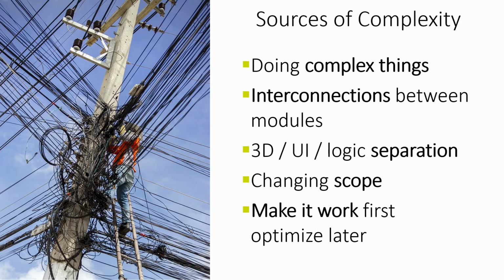Or the separation of 3D UI and logic is hard to achieve and even harder to maintain. That also introduces complexity. Also in a research project, it's inherent that the scope and the requirements steadily change. And also our working attitude to make it work first and optimize later often turns to optimize never. So this also is a big source of complexity.